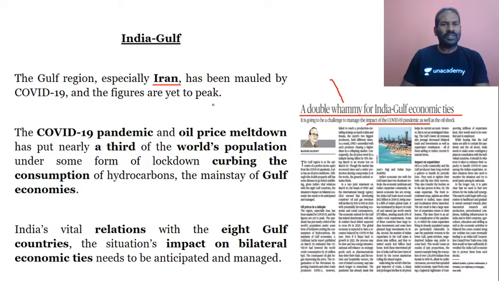So since 2018, Iran has been reeling under economic crisis, and now COVID-19 has badly hit the country. That is why the author says it is a double whammy. Whammy in the sense of a blow. What is whammy? Blow.